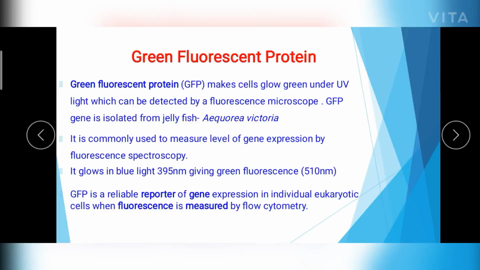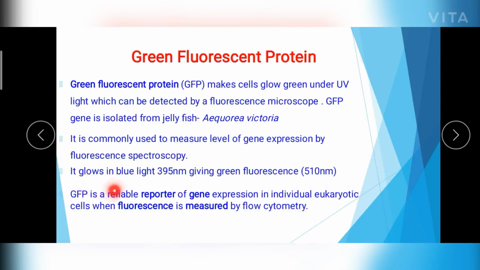So this is a bioluminescent protein, and it makes cells glow green under UV light, which can be detected by fluorescence microscope. It is commonly used to measure the level of gene expression by means of fluorescence spectroscopy, or by flow cytometry you can measure the level of expression of the transgene, or you can quantify the expression.